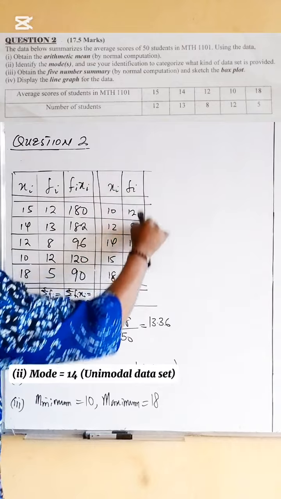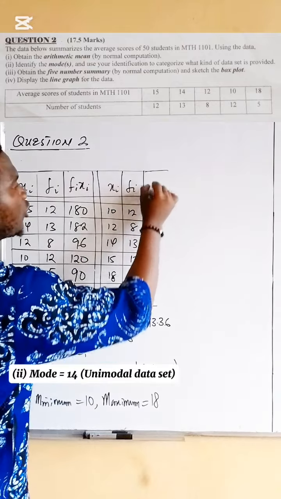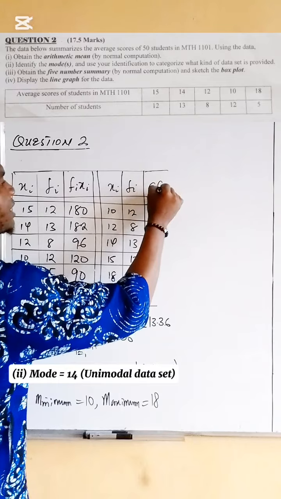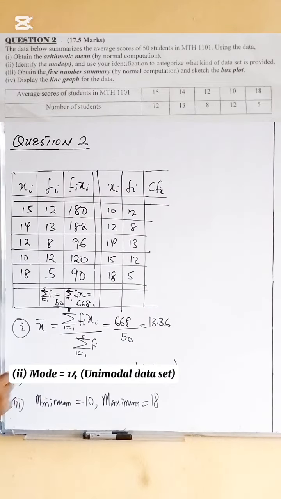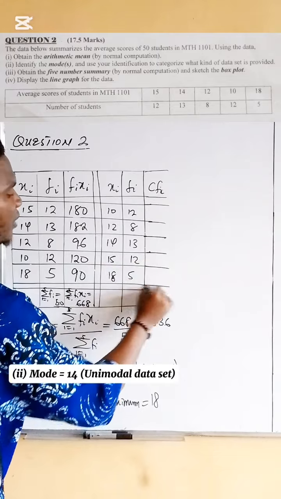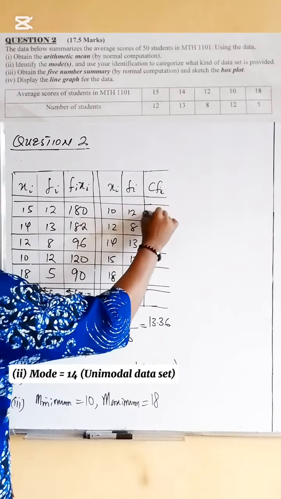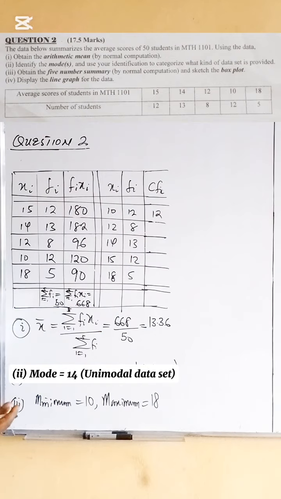Then comes the next column. Once you've done this, introduce cumulative frequencies. I'm going to call them CFi's. Your cumulative frequencies in this case will be 12, being the first frequency, so the first cumulative frequency.